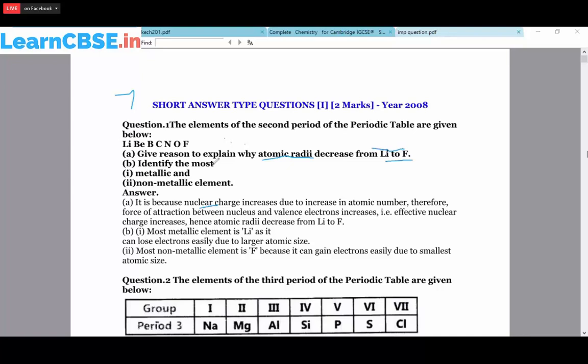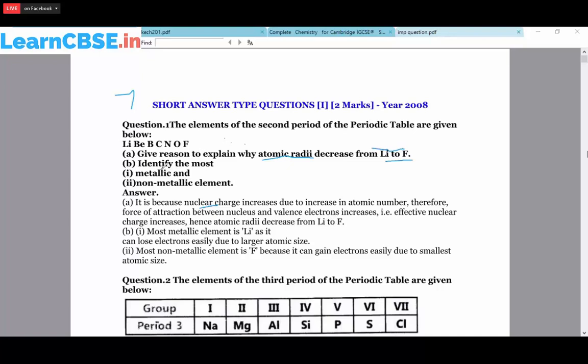So the nuclear charge increases, but the distance between the nucleus and the outermost shell electrons remains the same throughout the same period. So the force of attraction between the nucleus and the valence electrons increases. So effective nuclear charge increases, hence the atomic radii decreases from lithium to fluorine.